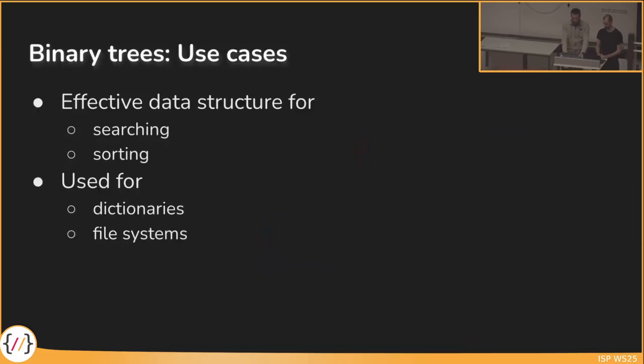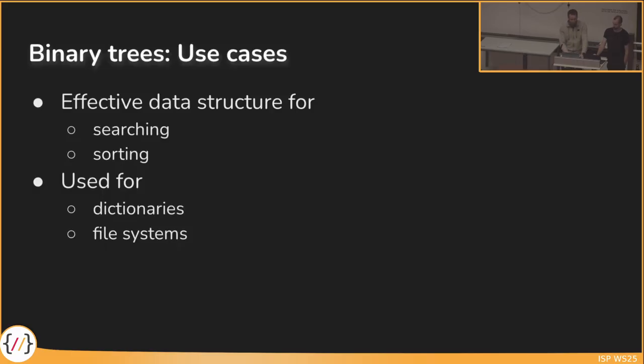Okay, and what are use cases for such binary trees? As you have seen in the practicals, we had some kind of sorted binary tree where each node is a number, and the whole tree was sorted.